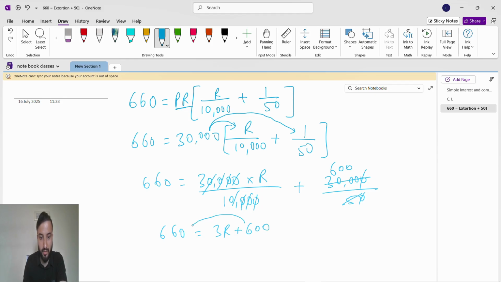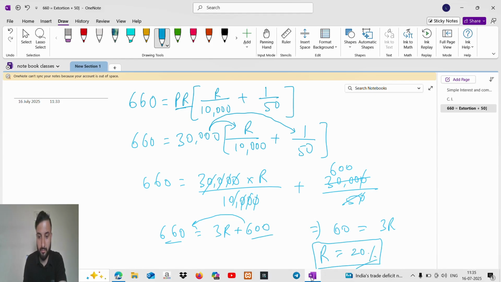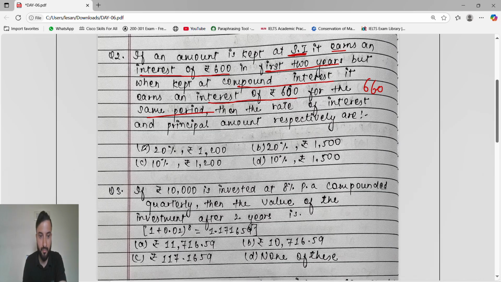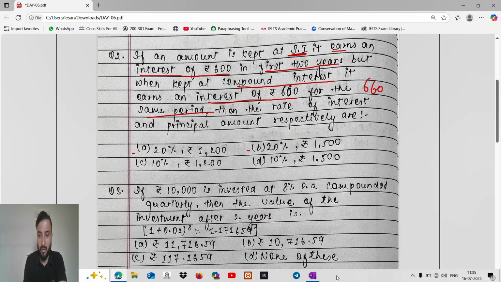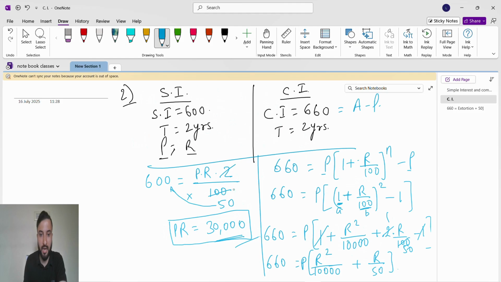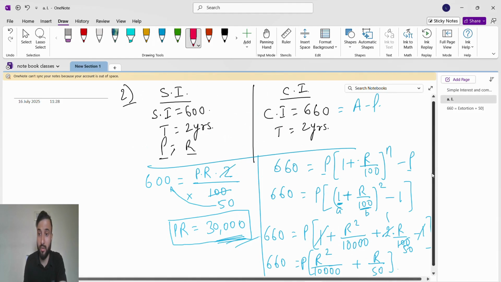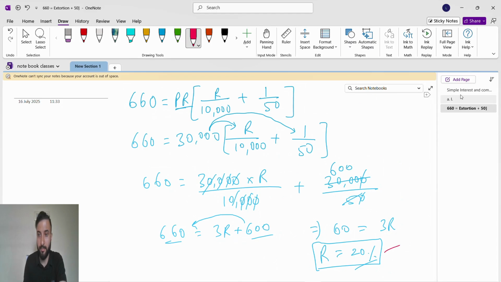So this plus 600 will go to that side and become minus 600. So 660 minus 600 is 60, equals 3R. So R we get 60 by 3, that is 20. R is 20%. Now we know that PR equals 30,000, and R is 20.